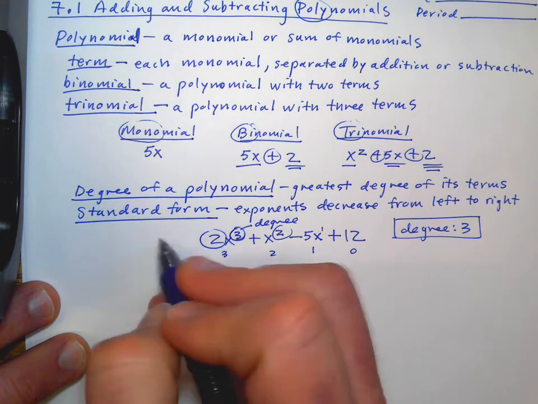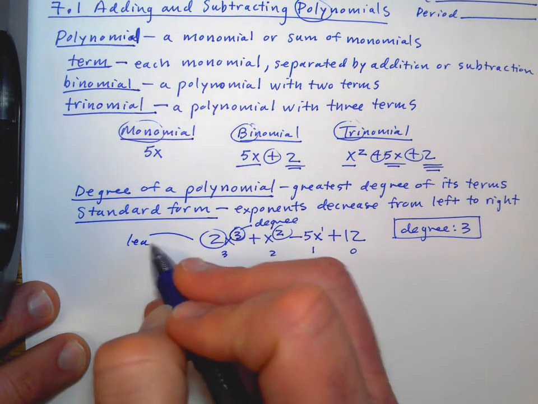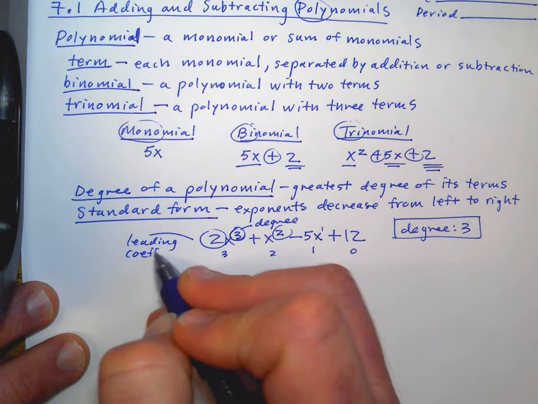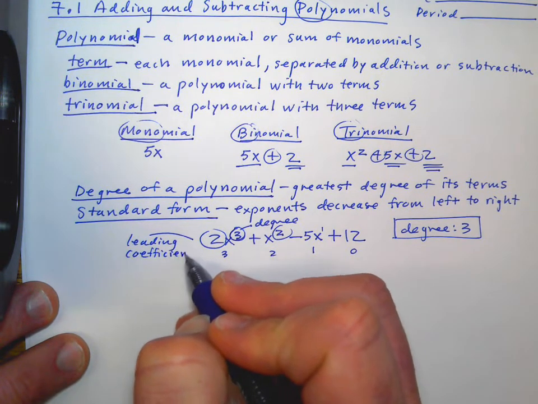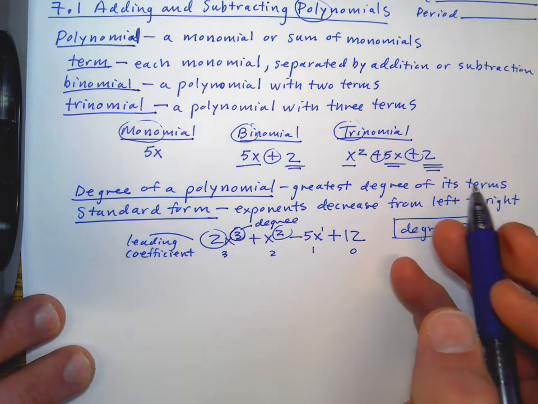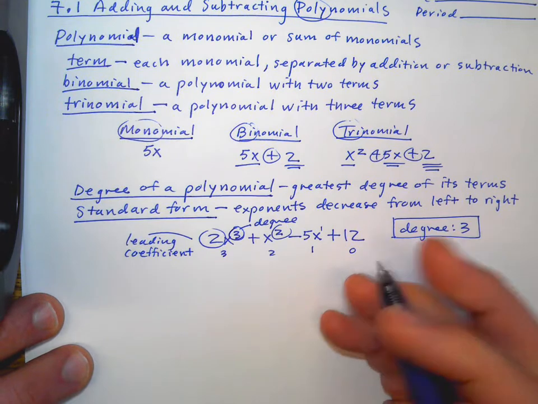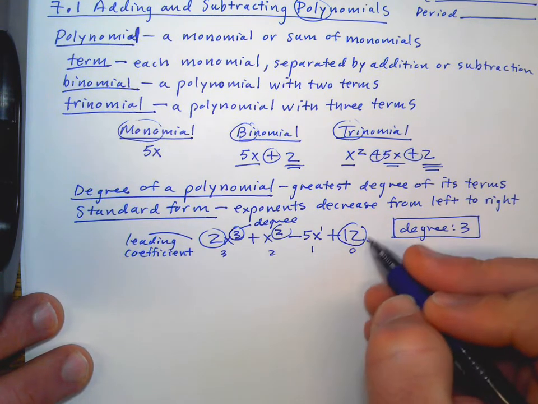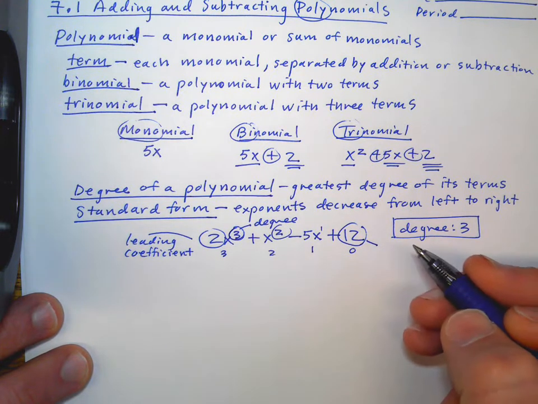We call the number in front of the first one, when it's written in standard form, the leading coefficient. So coefficient is a fancy word for the number in front of variables, that's multiplying them. Leading, it's the first one, it's in front. The last term is kind of special because it doesn't have any variables on it. It's kind of like it has an x to the 0 power, because anything to the 0 power is 1, right?